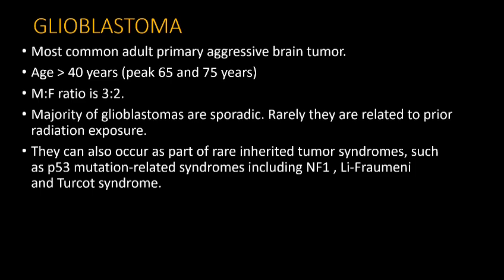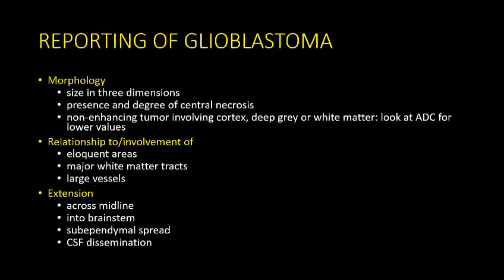While reporting a case of glioblastoma, we should include morphology, that is size in 3 dimensions, presence and degree of central necrosis, non-enhancing tumor involving cortex, deep grey or white matter. Look at ADC for lower values. Relationships or involvement of eloquent areas, major white matter tracts, large vessels should be reported.